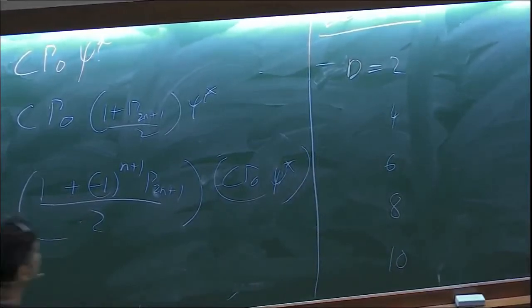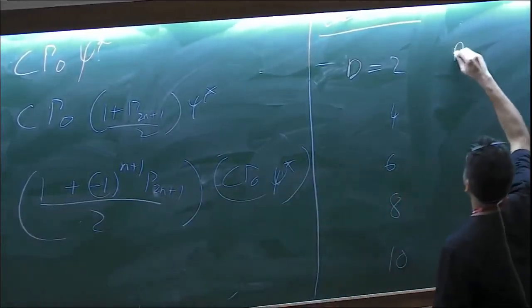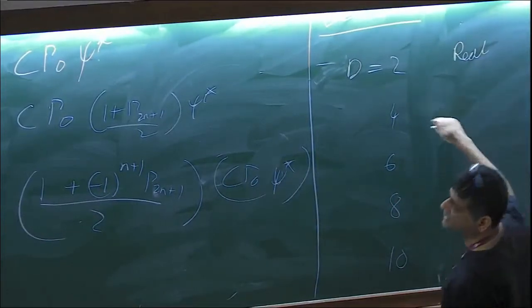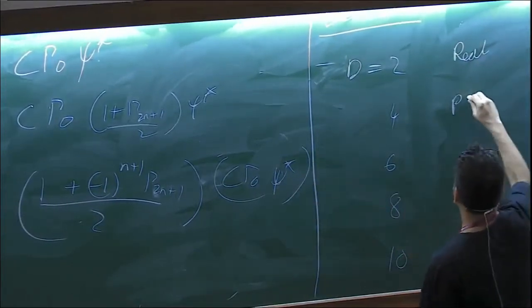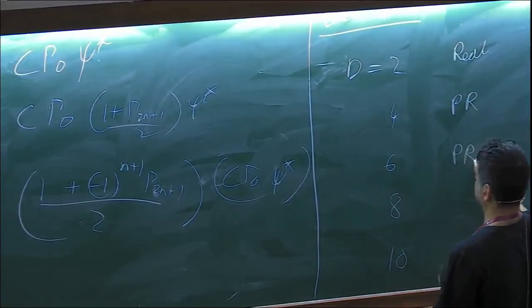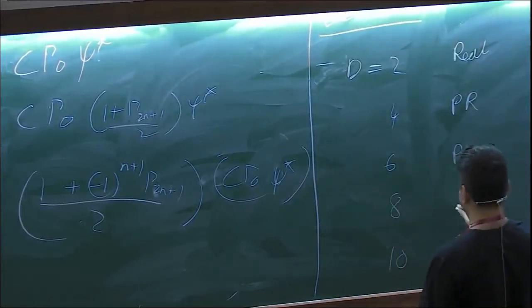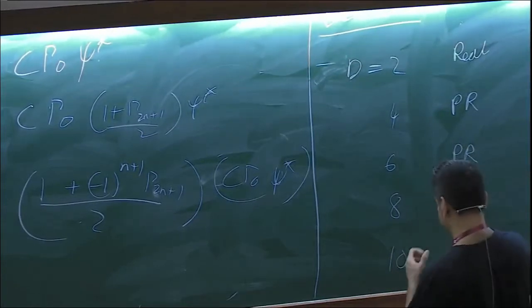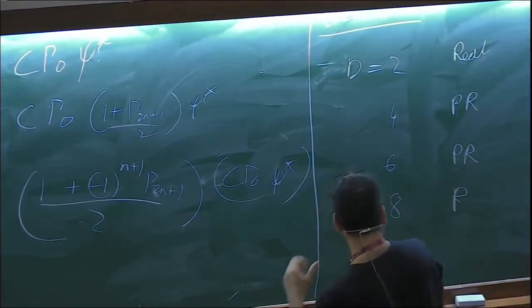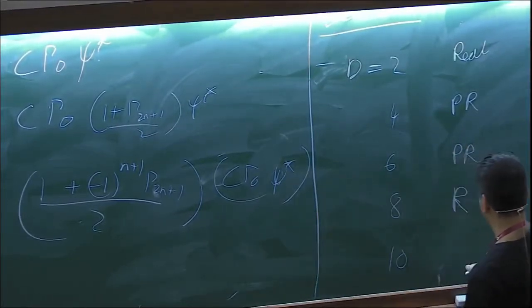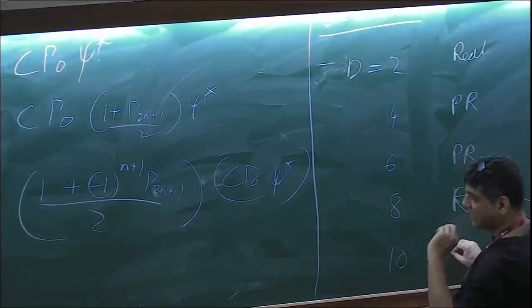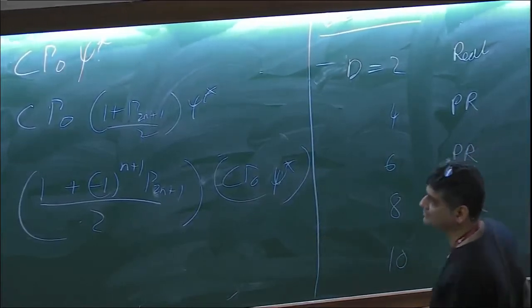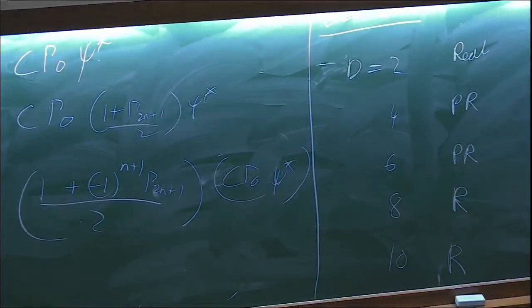For reality properties, D equal to 2 is pseudo-real, pseudo-real, real, real, and also real, and so it keeps going.